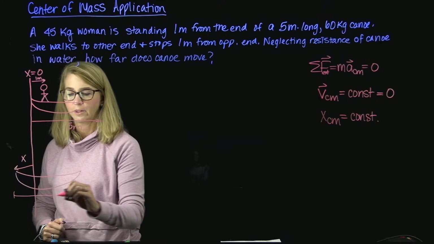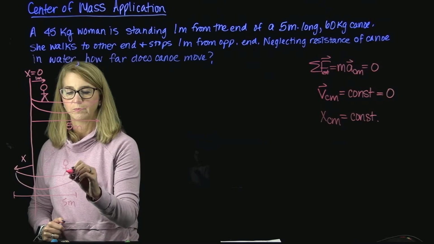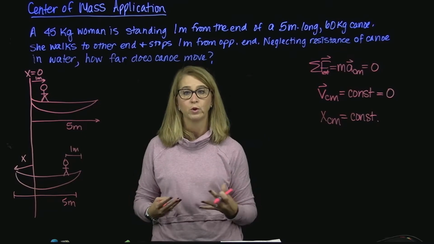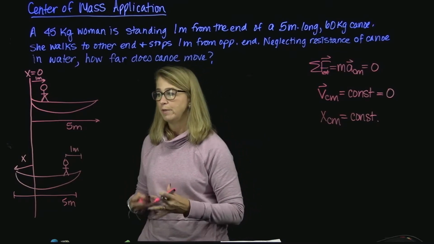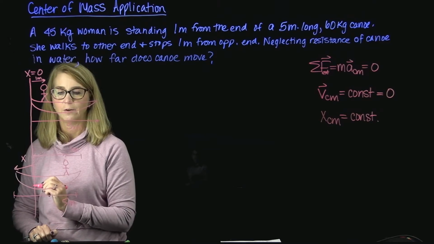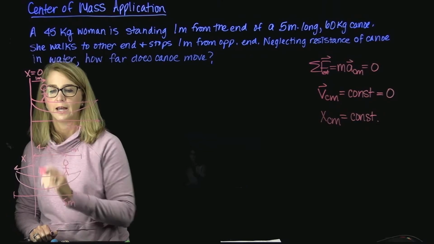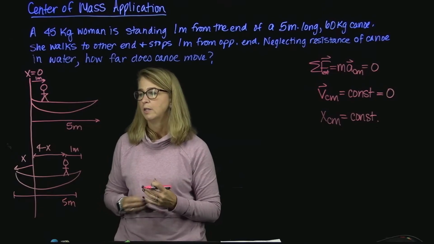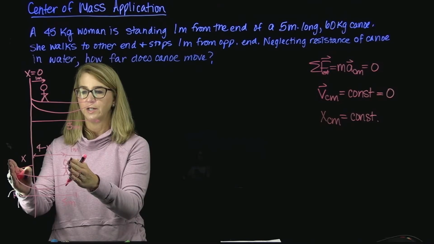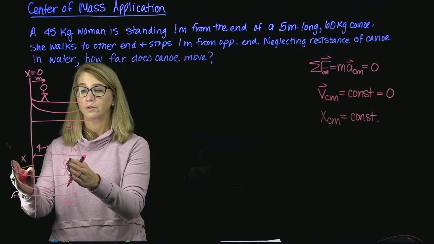The entire length of the canoe is 5 meters, and the woman is now 1 meter from the end, as we were told. This means that the distance for where she's located now is going to be 4 minus x, because the distance from the end of the canoe to where she stands would represent 4 meters, since she's 1 meter from the end of the canoe.